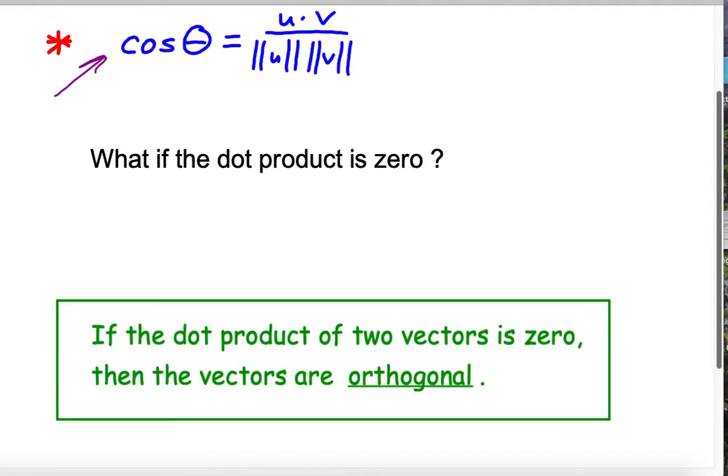So if the dot product is 0, then you know the two vectors are orthogonal or perpendicular. Or another word for that is normal. All three of those mean the same thing. So vectors are orthogonal, perpendicular, or normal.